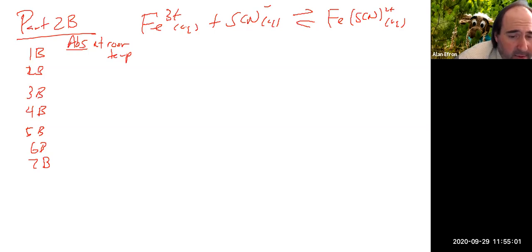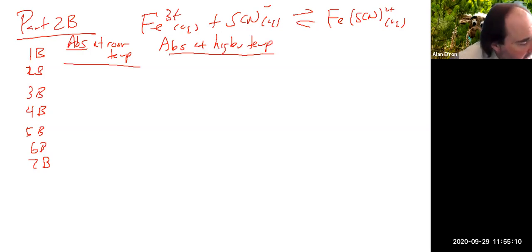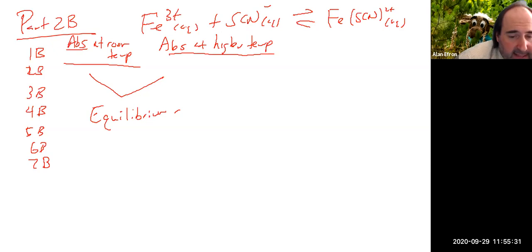And we're going to get the absorbance value at a higher temperature. So each of you were assigned a data set also in the modules. I believe it just says equilibrium data set. You will find the absorbance values in that file called equilibrium data set.